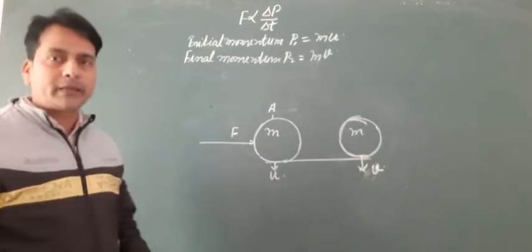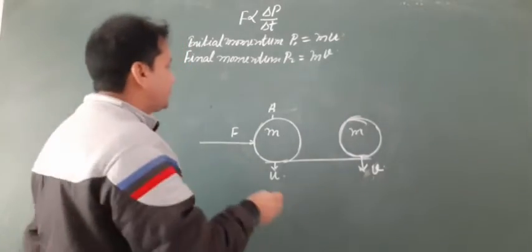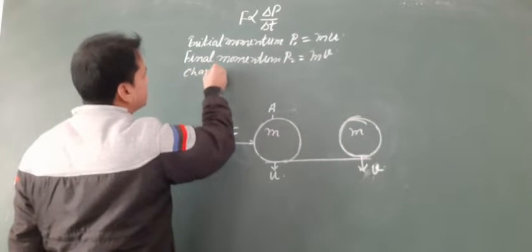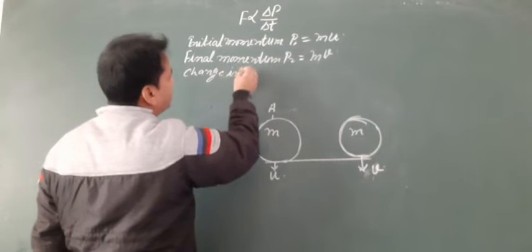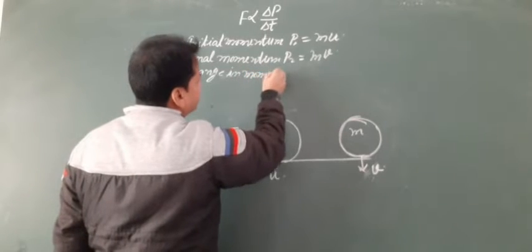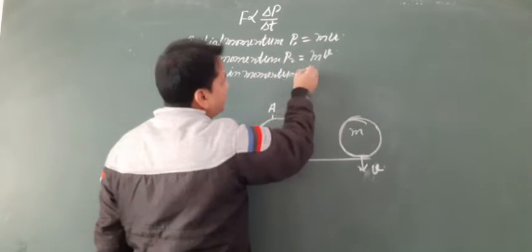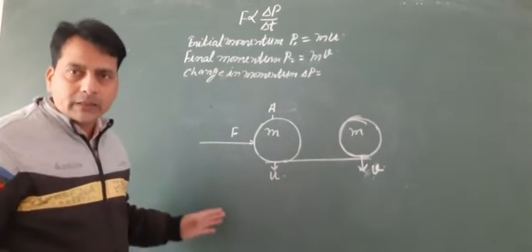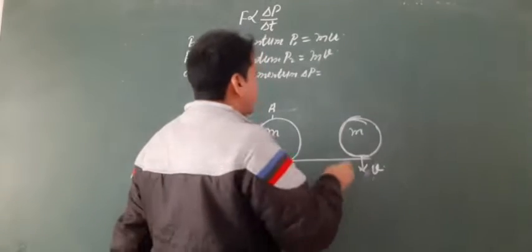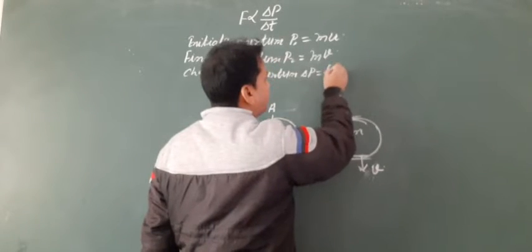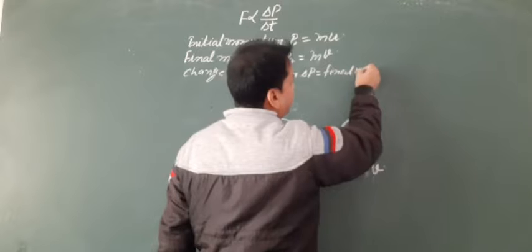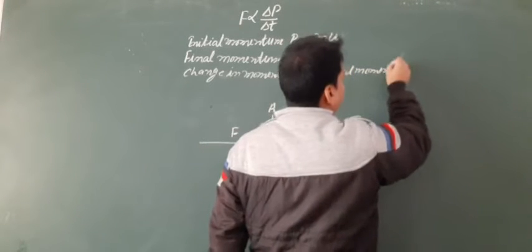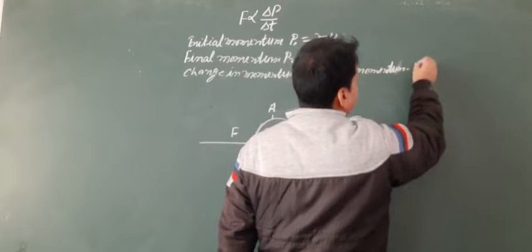Then the change in momentum, delta p, equals final momentum minus initial momentum.